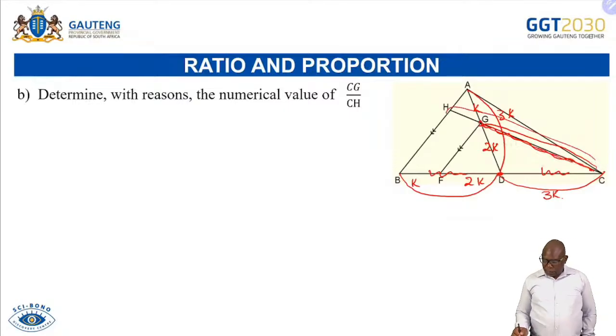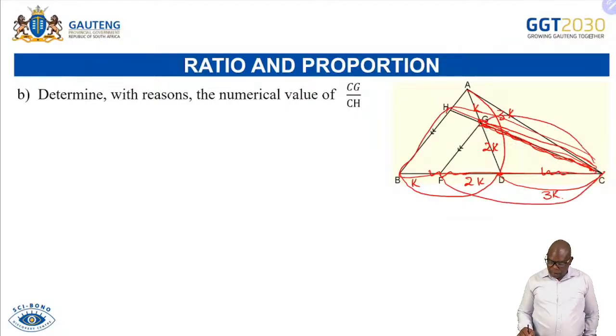If we look at CG in this whole triangle here, CG will be the same as the whole length here. So CG over CH. Here this length will be K also.